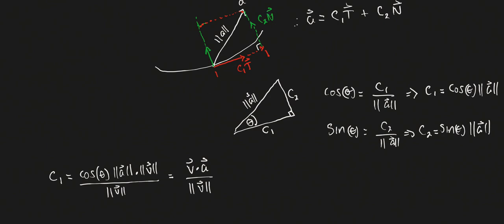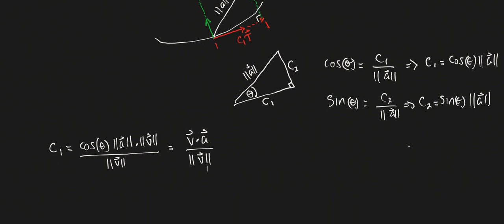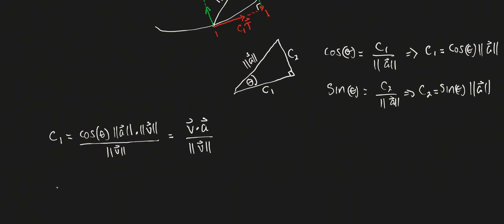Let's see what we can do with the other equation. So what does this mean? So C2, well, if I do the same trick, and I take this equation that I have for C2, which is the sine of theta times the magnitude of acceleration, if I multiply and divide again by the magnitude of V, like this, then what do we get in the numerator?